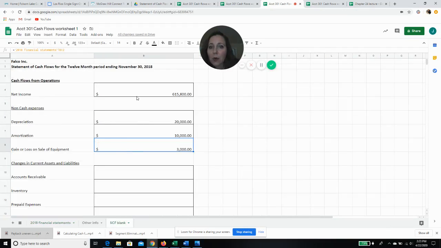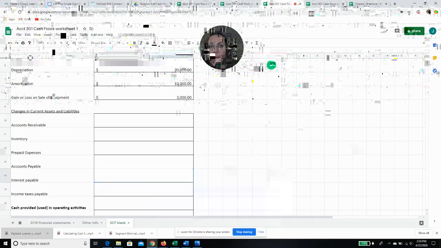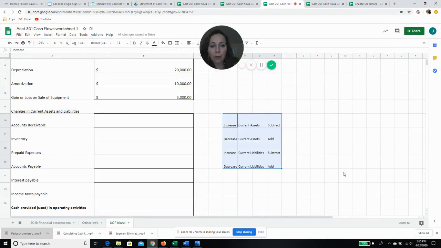All right, so we have our net income. We have step two. We've added back our non-cash expenses. Now we're going to look at the changes between our current assets and current liabilities. Okay, I've just added in a little chart here. Remember, I told you to make sure this was in the notes you took.